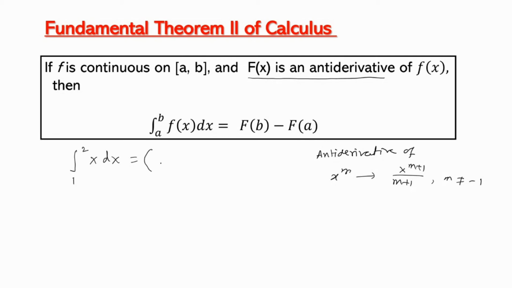So we'll have the antiderivative x square over 2, and the limit is 1 to 2. So this is equal to the upper limit, so 2 square over 2, so this is F of b, minus F of a, which is 1 over 2. So this is equal to 2 minus half. So this is 3 over 2.